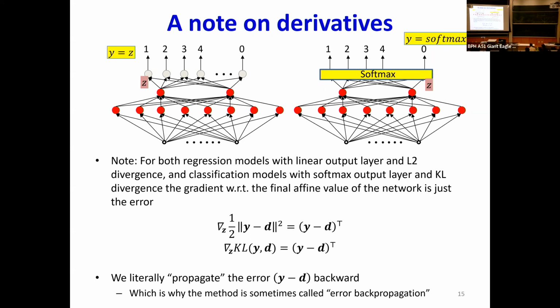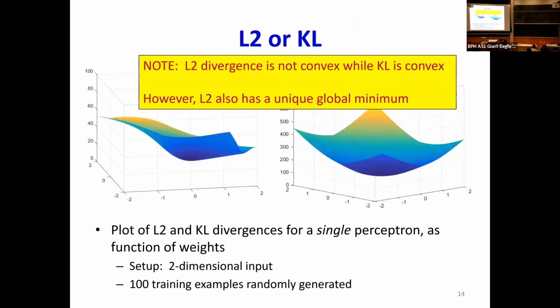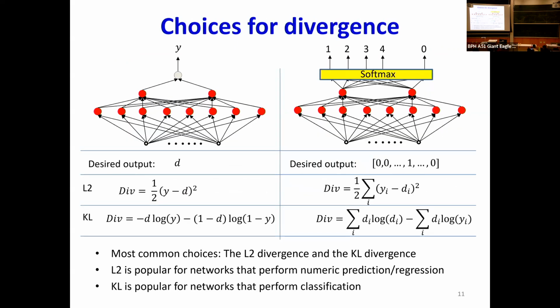Can someone at the back tell me the formula for the KL divergence? Sage, what was it like? I'll help you. Right? Now, we've written this several times. So what is the derivative of this KL divergence with respect to y?